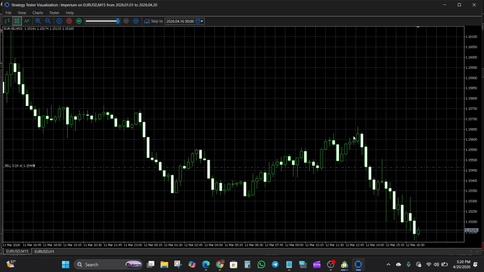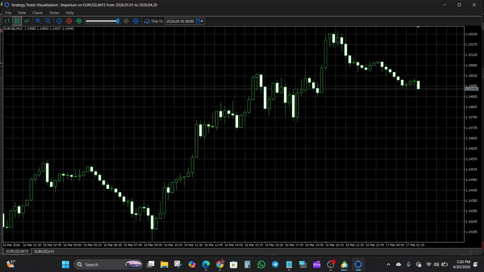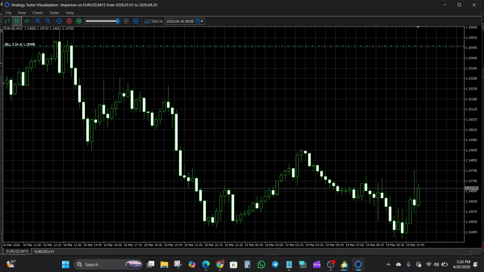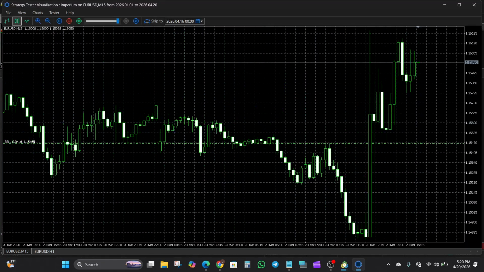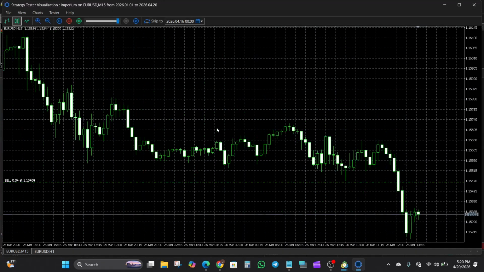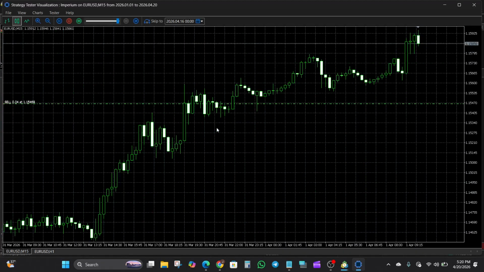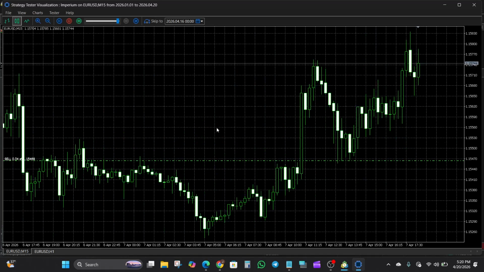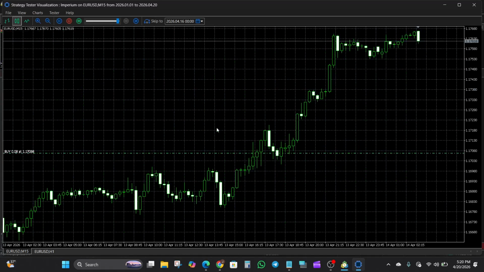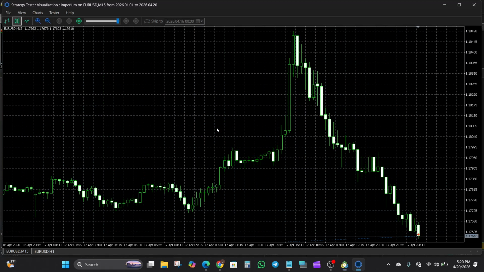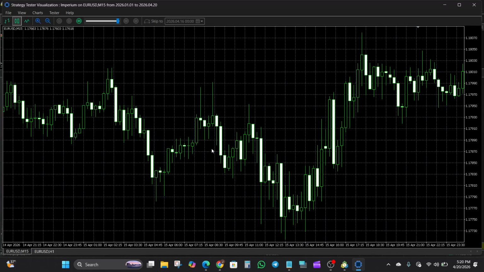So what this tells me is that we probably have a combination of trend following and consolidation based trading. The key difference here is that instead of running both blindly, the EA is deciding when to apply each approach. That is where the probabilistic engine comes in. It's essentially scoring market conditions and only entering when certain thresholds are met.